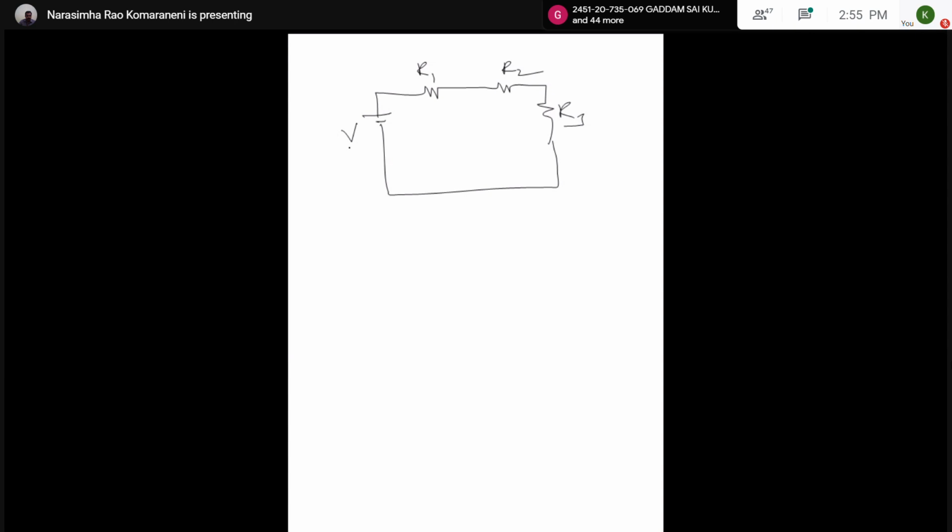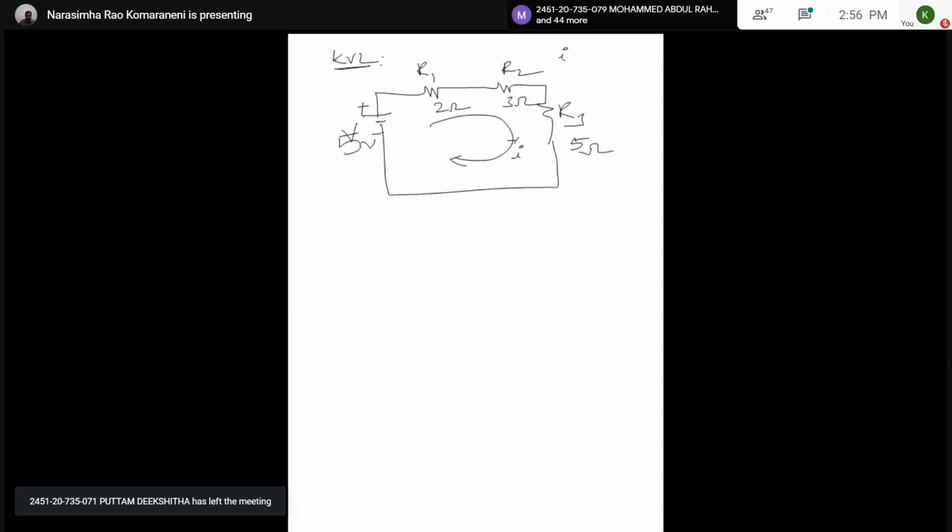Okay, we will take some numerical values here. 5 volts source, R1 is 2 ohms, R2 is 3 ohms, R3 is 5 ohms. Now write the KVL equations and find the current value I, right?